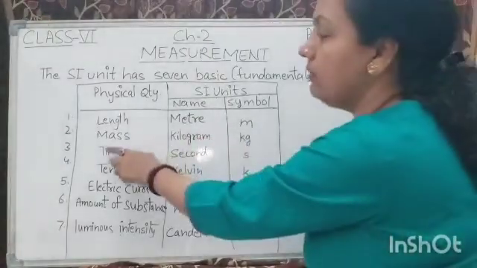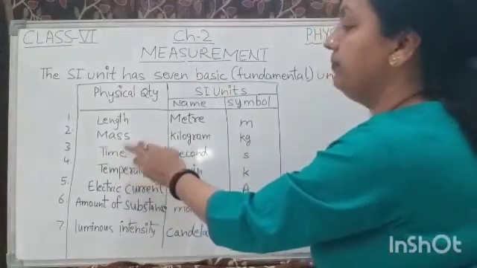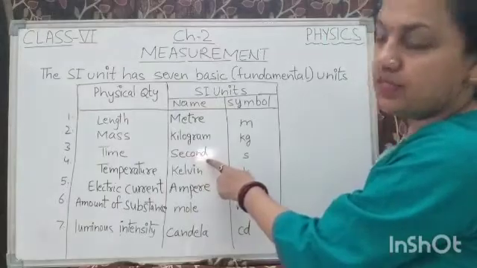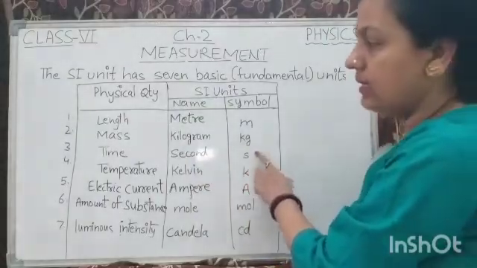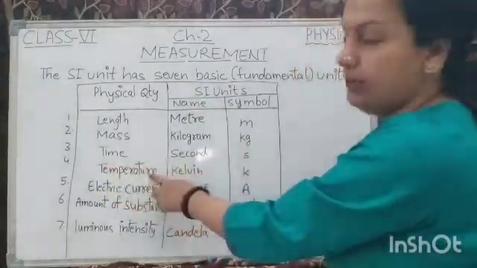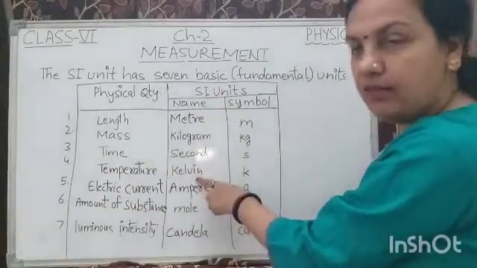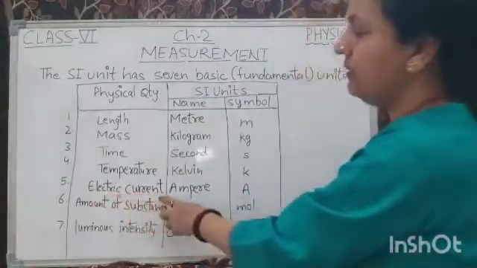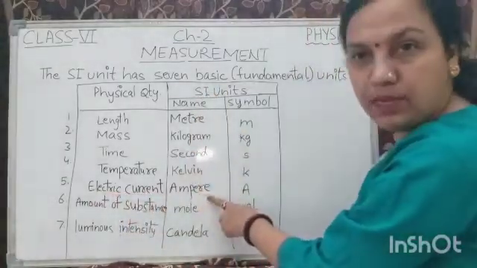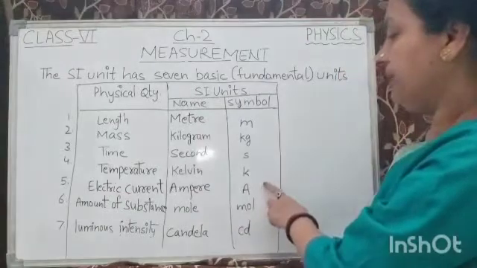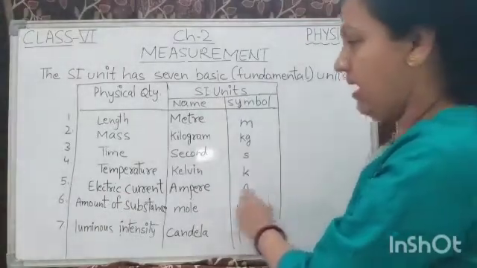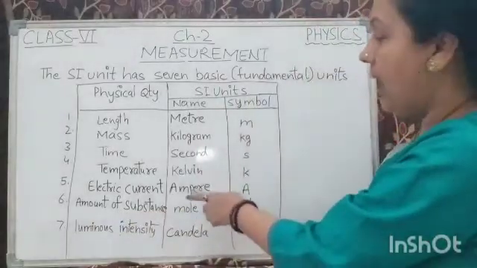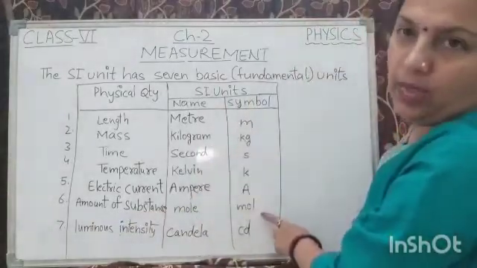Then the third one is time, and its SI unit name is second, which is represented by small s. After that, temperature, SI unit name is Kelvin, represented by K. Then electric current, SI unit name is ampere, represented by capital A. After that, amount of substance, SI unit name is mole and symbol is mol.